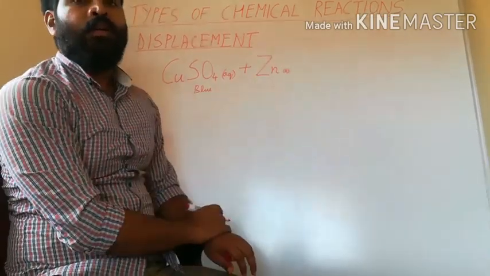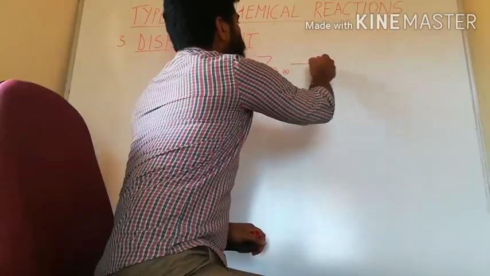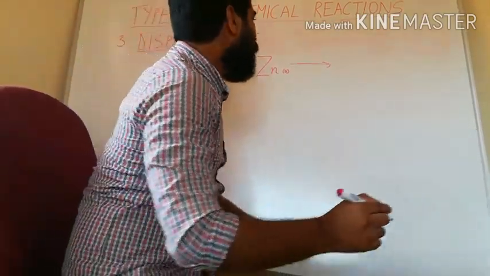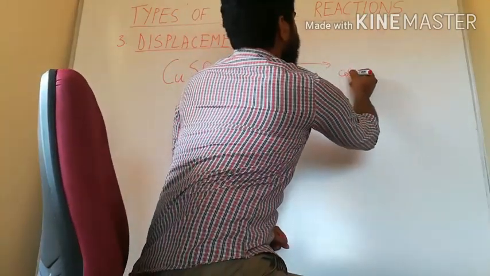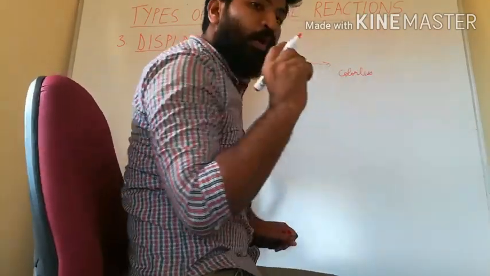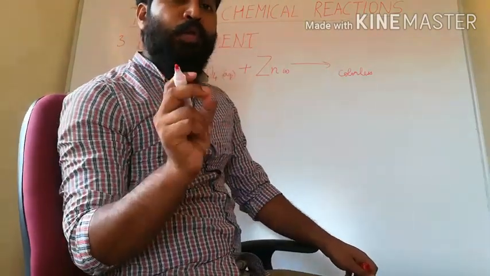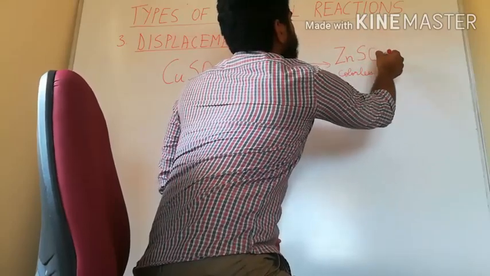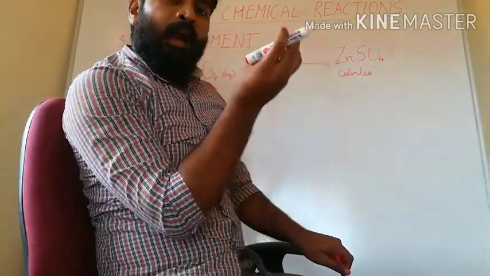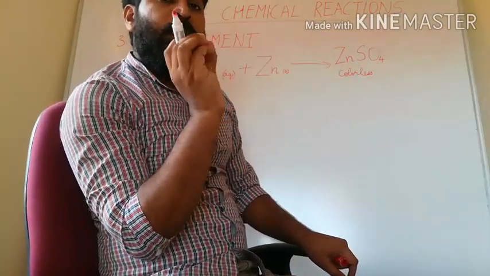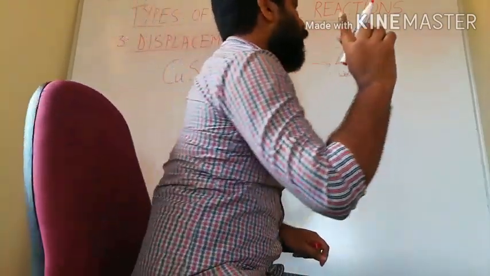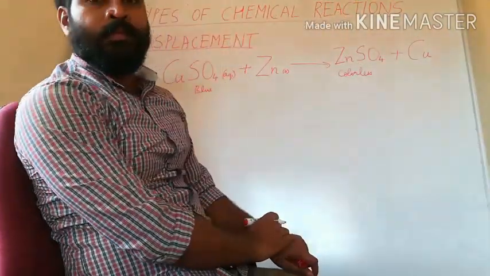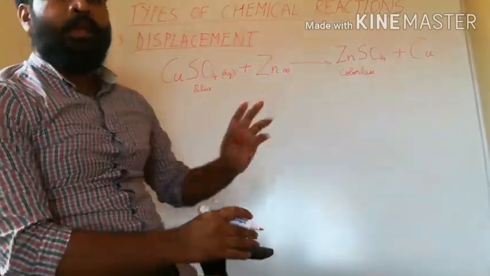And after few minutes, what did we observe? We observed that the blue colored solution had become colorless, due to the formation of a new product, that is zinc sulfate. And at the bottom of the test tube we saw that there were reddish brown sediments of copper. So that is our displacement reaction.